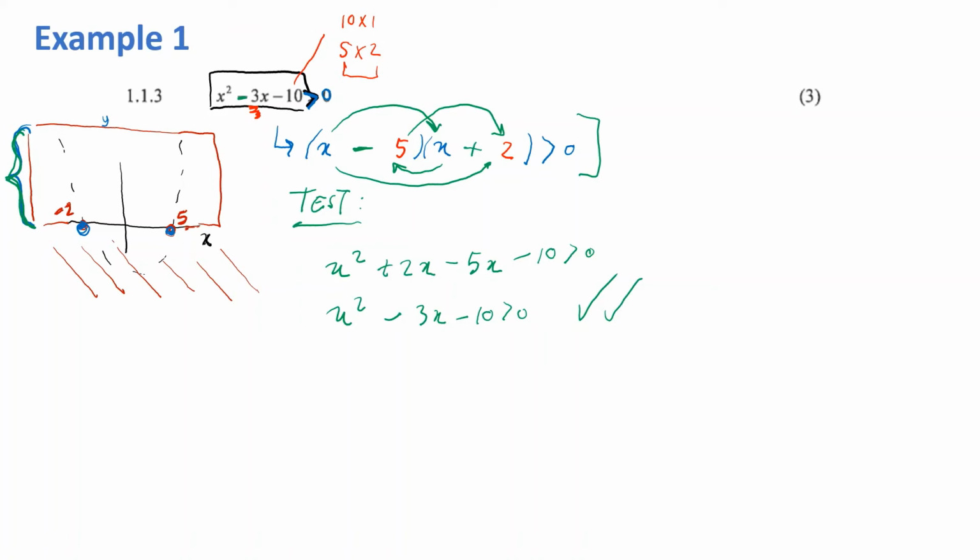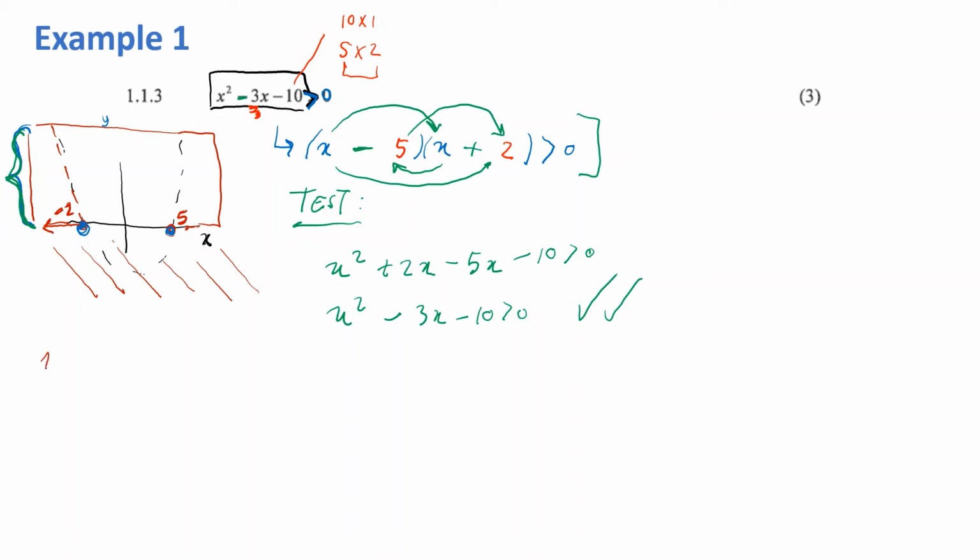Now take into account what the graph looks like here. And then I can interpret it: well, the graph goes into the positive only for values that are smaller than -2.